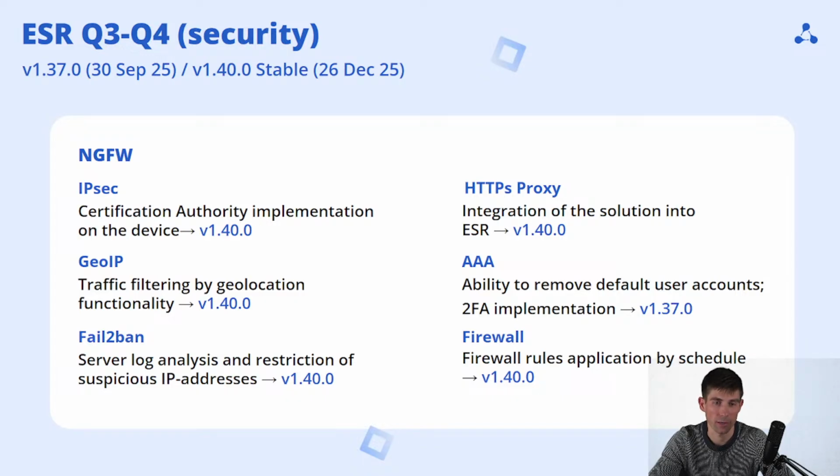Fail to ban is a feature against DDoS attacks, and basically allows you to ban a connection that unsuccessfully tries to log in multiple times. So it's quite self-explanatory, and probably here, minor updates to the firewall also for the end of the year.